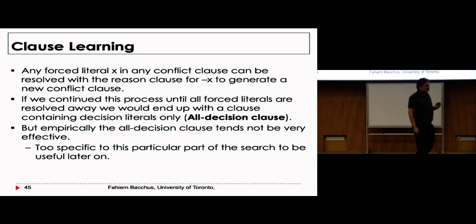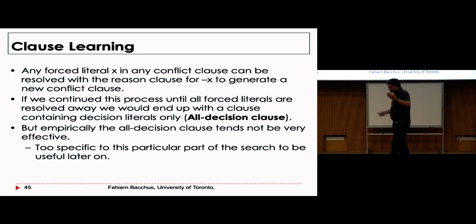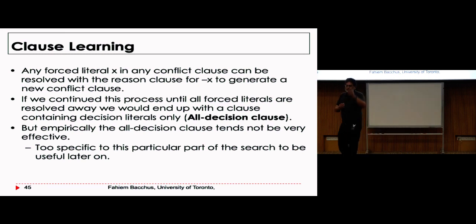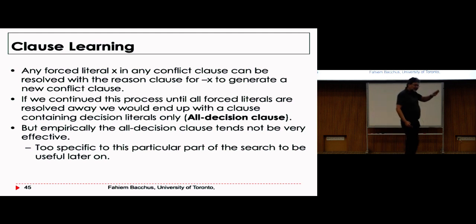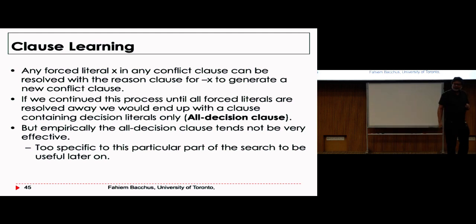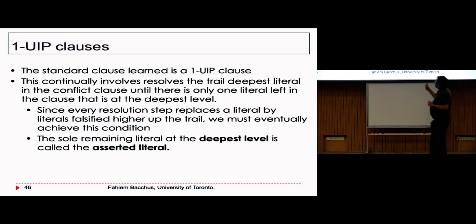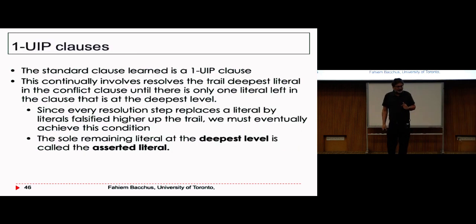But usually you don't want to do that. The reason why you don't want to do that is the resultant clause, this all decision clause, is too specific to this particular path. You want a clause that blocks other things, not just this reason. Okay, so empirically, the all decision clause turns out to be not so great. The one that is used is called the one UIP clause.